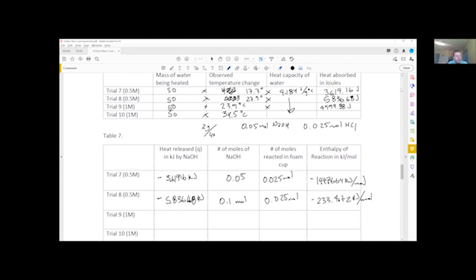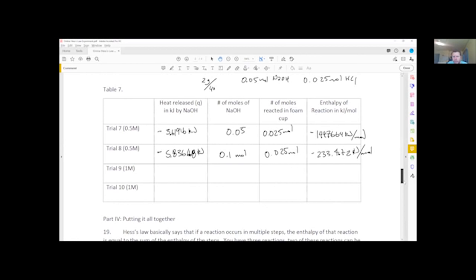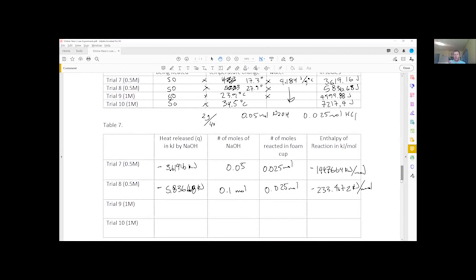Trial number 10 is 50 times 34.5 times 4.184. So that's 7217.4 joules. Okay, good. I've got some numbers that I can work with. So I need to copy all this information, and I need to think about what I'm doing with this.